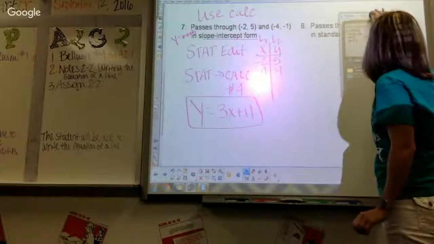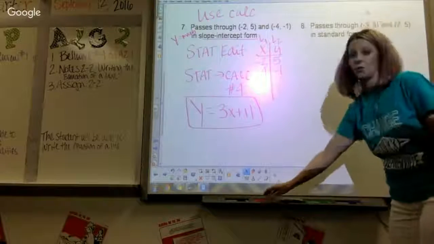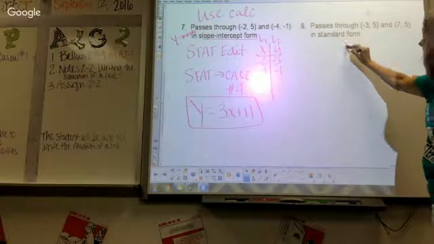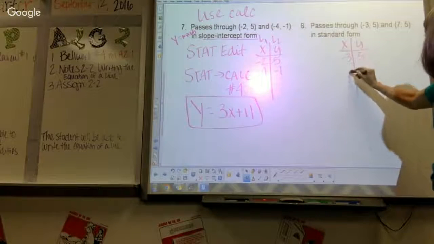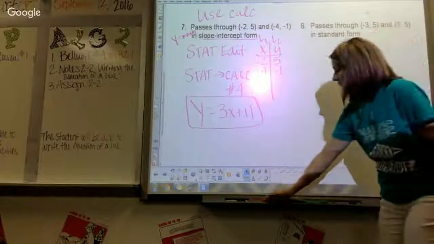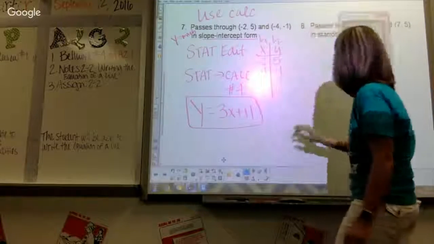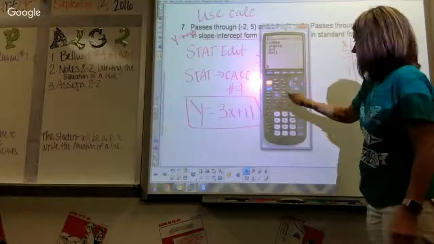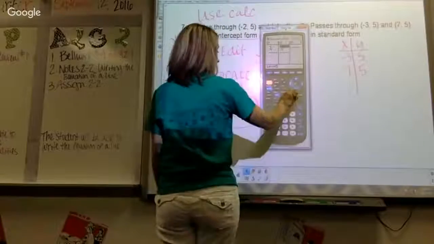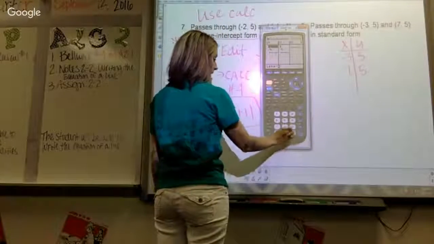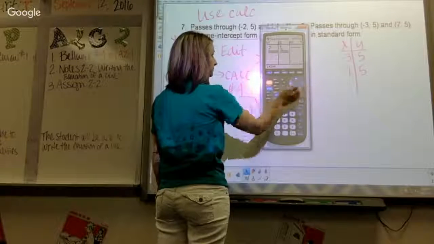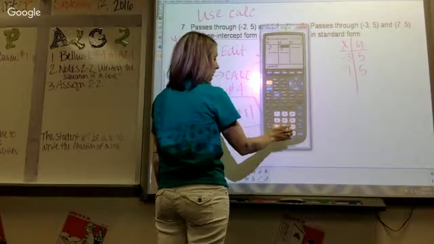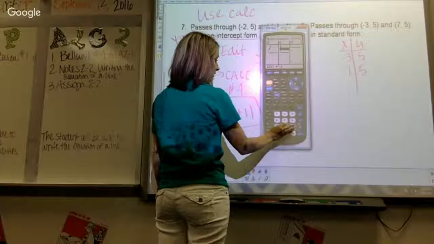Okay, so notice on 8, where we have 2 points, so we're going to do the same thing. Stat, edit, -3, 7, 5, 5.